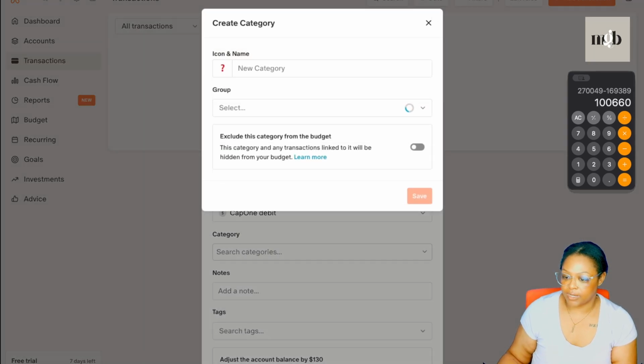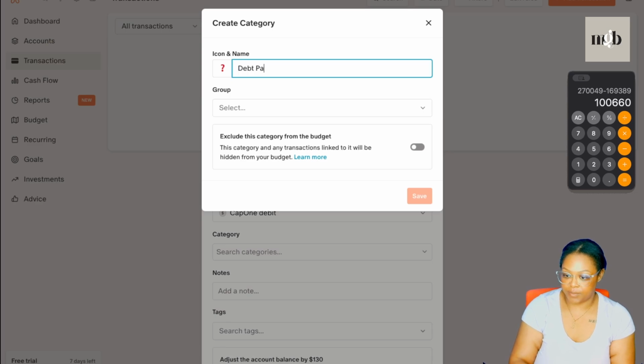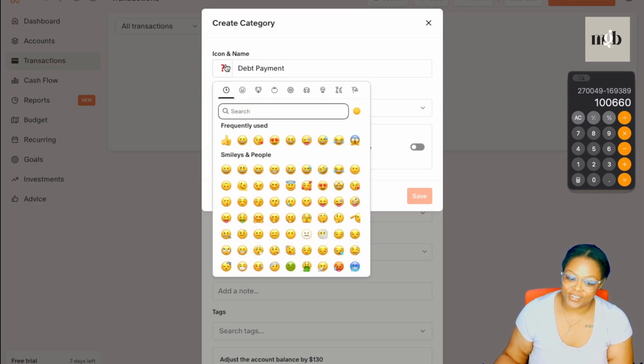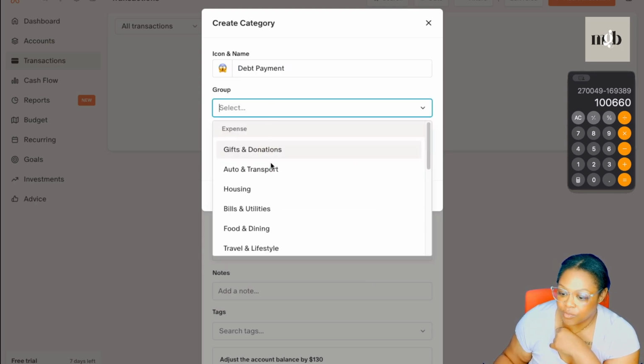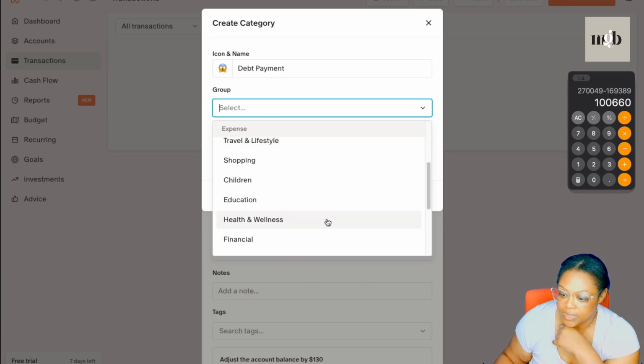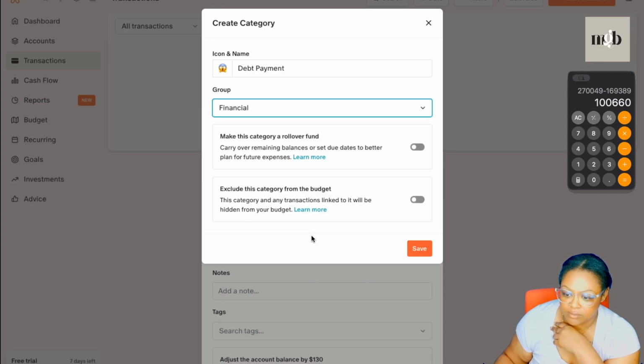So for this, I'm going to create a new category called just debt payment, right? Oh, you get to choose your emoji. Let's do this one. I can go back and change these. I won't waste y'all's time. So my group is going to be financial. I want carry over remaining balances or set due dates.